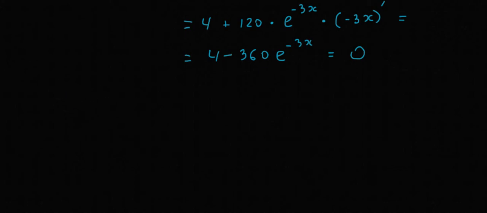Basically what I want to do here is solve for the exponential term. 360 e to the power negative 3x equals 4. Now, let's go ahead and multiply both sides by e to the power 3x.